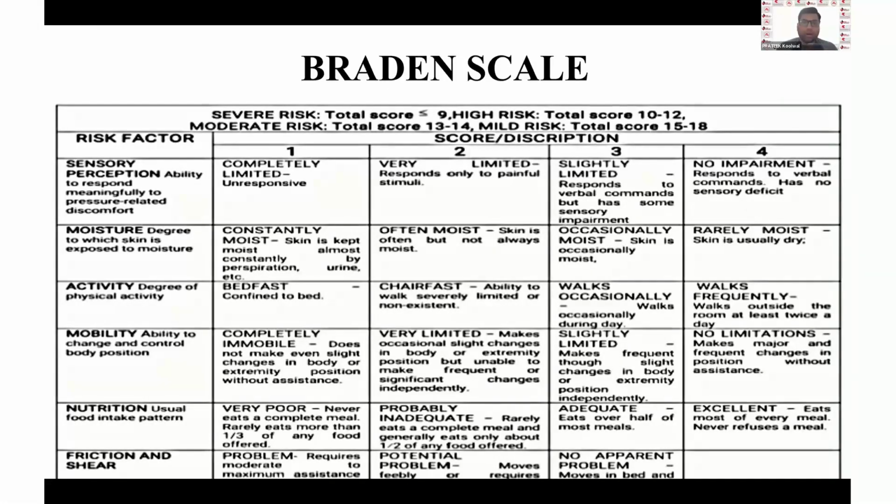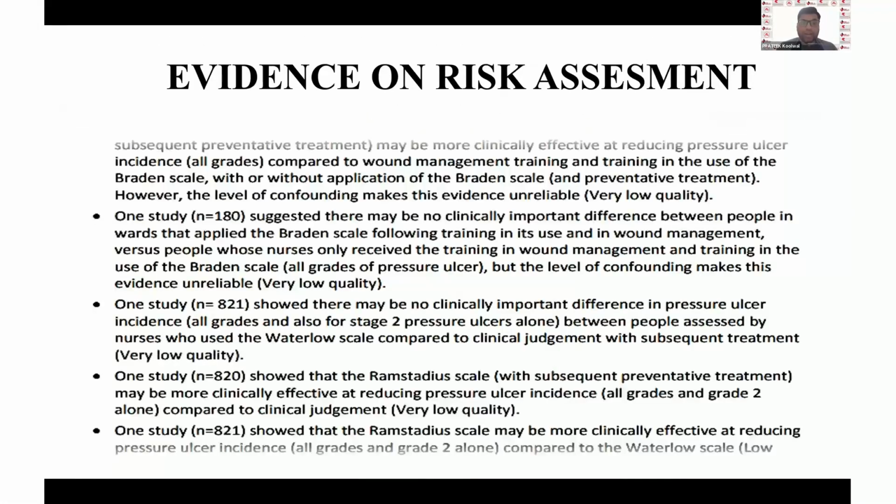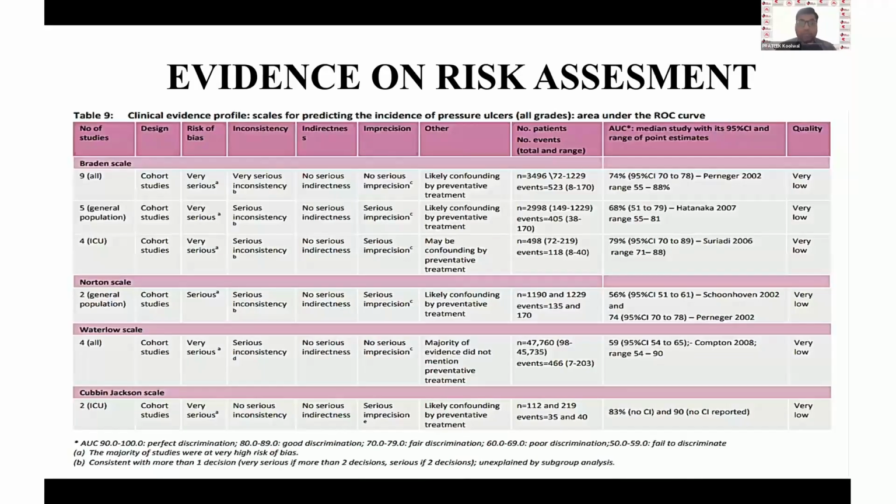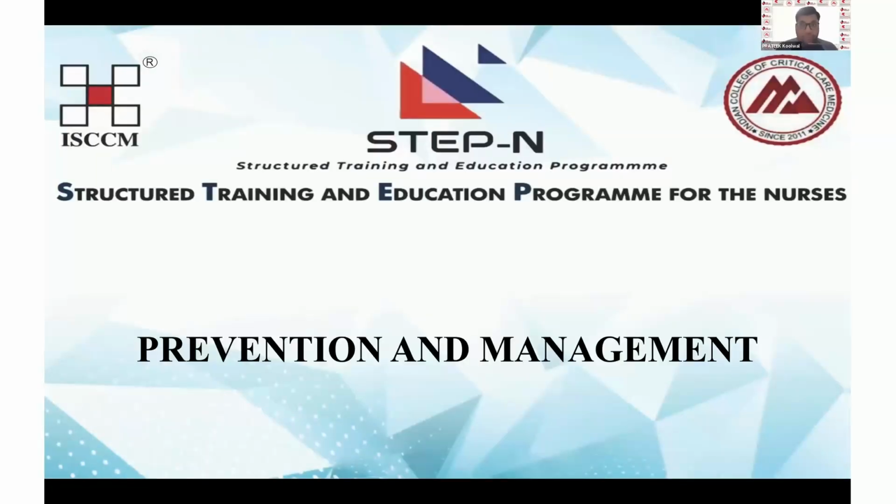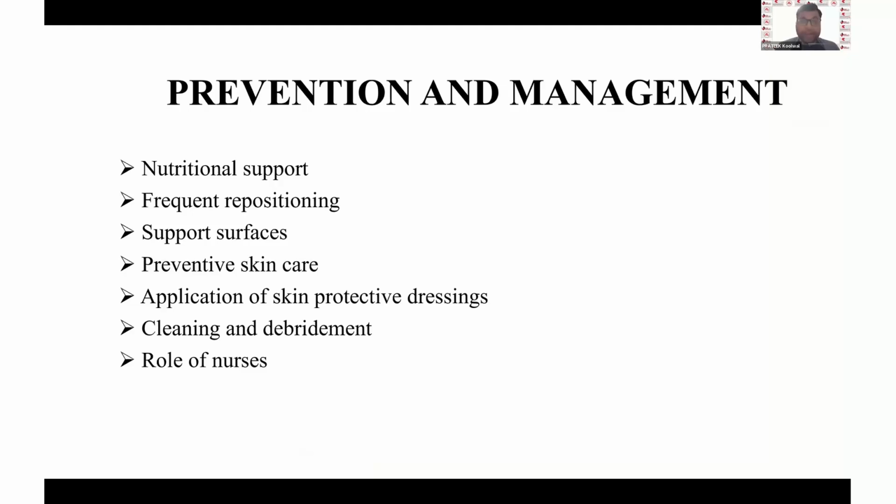Sure. So, moving towards the part after the risk assessment: prevention and management, that is the most important. So, how do you prevent it? Nutritional support, frequent repositioning, support surfaces, preventive skin care, application of skin protective dressing, cleaning and debridement, and the role of nurses, which is the most important.